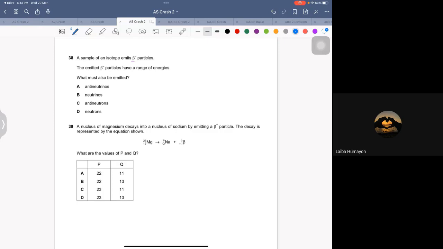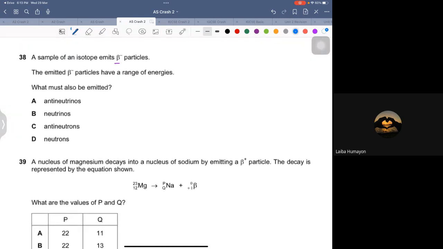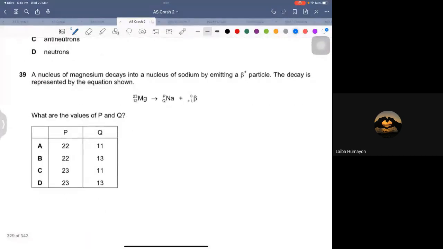All right. Then we're going to go to this question, which says a sample of isotope emits beta negative particles. The emitted beta negative particle has a range of energies. So what must be emitted with beta negative? This is a normal lepton, right? So anti-neutrino. That is correct. Very good. Then what is the value of P and Q? So you need to check mass and charge again.